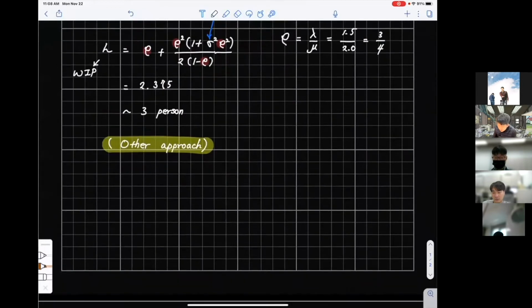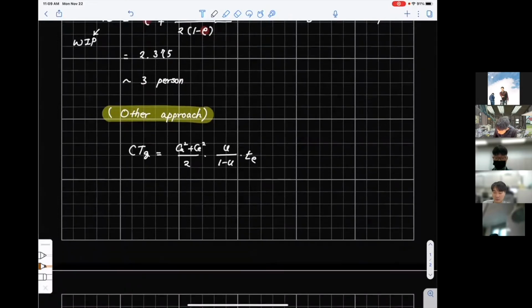Another approach is to use the Kingman formula or correction factor. So do you remember this formula? CTq is like this. If we know this value, then we can calculate the CT by adding the effective time.